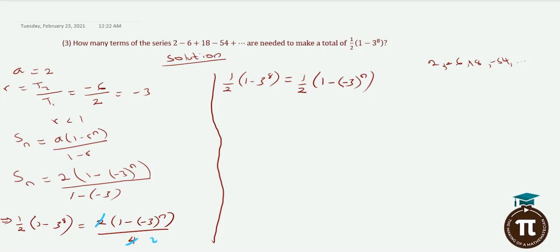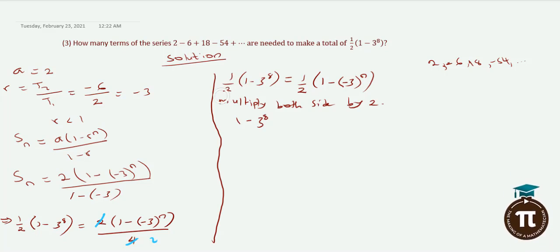So cross multiply or multiply both sides by 2. Multiply both sides by 2. So if you multiply this by 2, you will just be left with 1 minus 3 raised to power 8, because the 2 you have used to multiply with has cancelled this 1 over 2. The same thing happens to the right hand side.